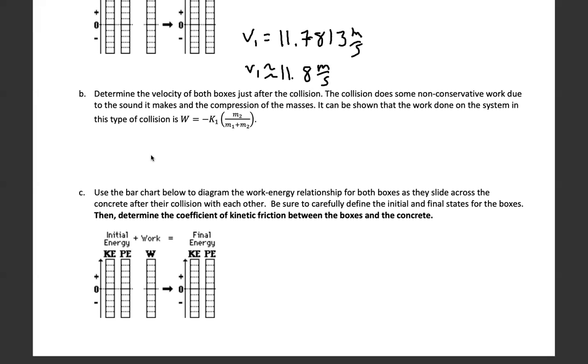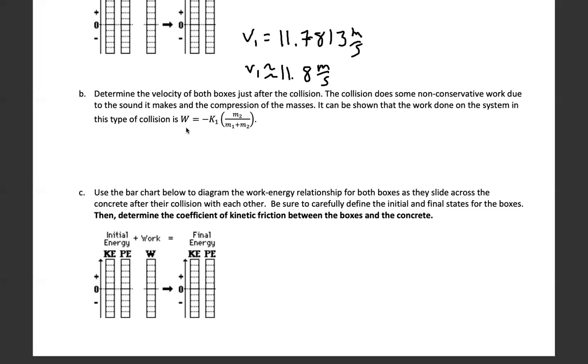in this type of situation is negative K1 times M2 over M1 plus M2. And why it is this value, that requires understanding conservation of momentum. But hopefully the idea makes some sense, because what does this mean?